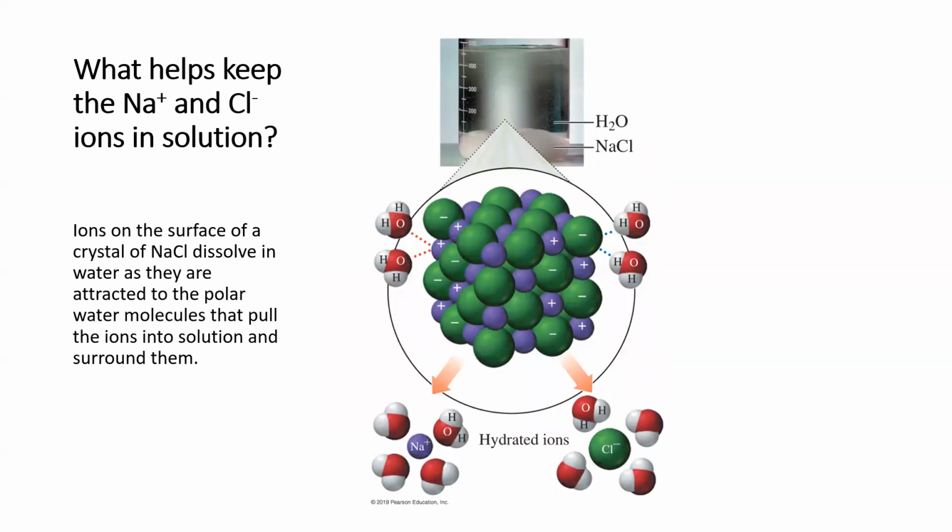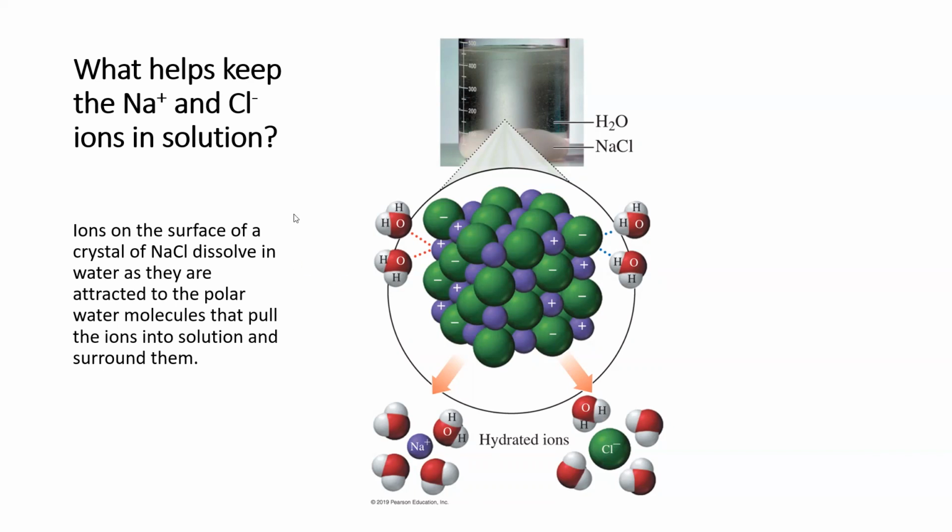So what helps keep the sodium ions and the chloride ions in solution? Well, it's the attractions with the solvent, which is the water molecules. The ions on the surface of the crystal, you can see these ones on the surface, are labeled chloride, which is minus, and sodium are the purple balls, which is plus. They dissolve in the water as the water molecules are attracted to the ions, and that attraction pulls those ions into solution, and the water surrounds them.